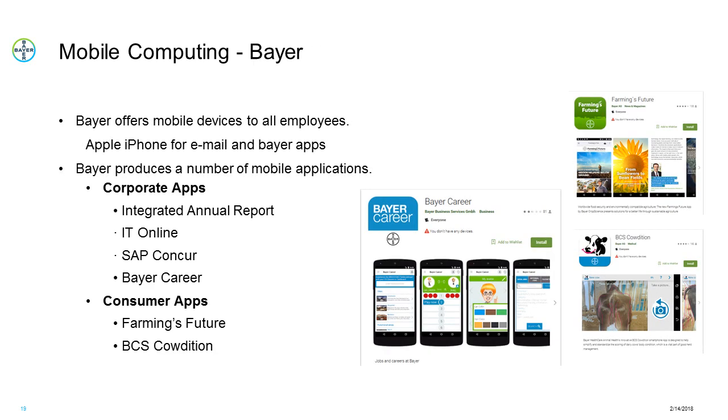So for mobile computing at Bayer, we have different apps, whether that is a corporate app or consumer apps. Most of these are for the iPhone, which is utilized primarily throughout Bayer. So from a corporate app, we have our integrated annual report, IT Online, SAP Concur for purchasing and or travel, and also Bayer Careers.